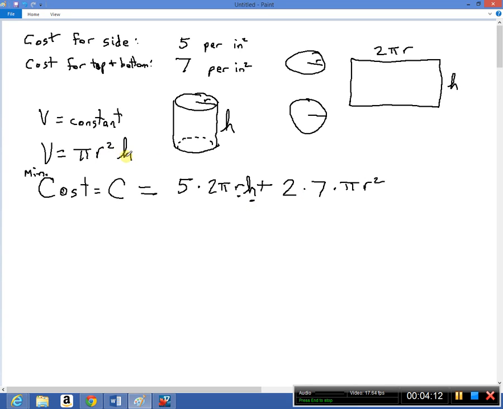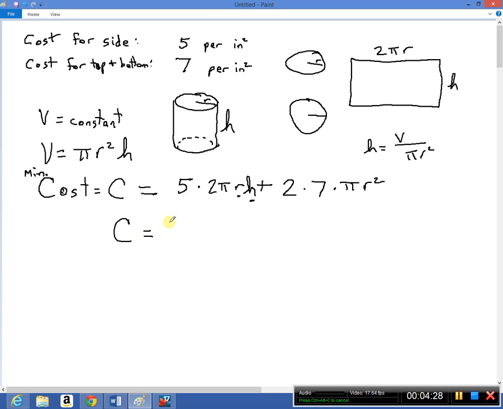so I'm going to have to get rid of one of those. And I'm going to get rid of h, obviously because I only have it once, and because it's also easy to solve for. So h is equal to v over pi r squared.